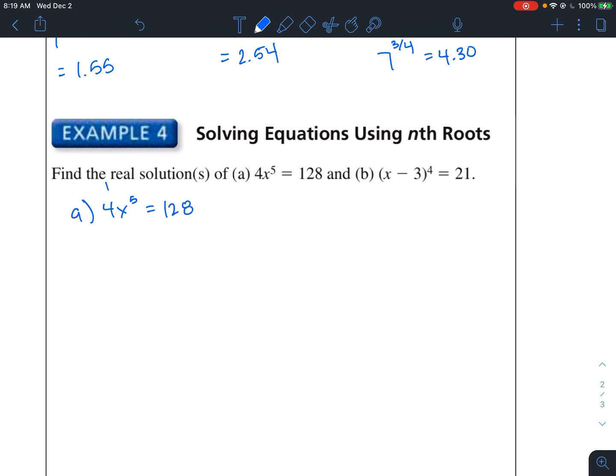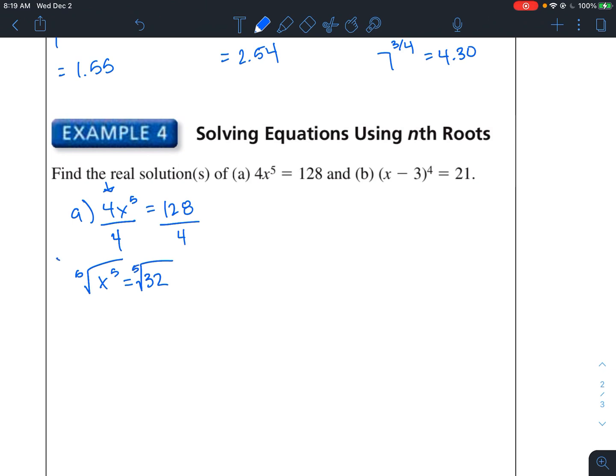If it has a number in front of it, the first thing you want to do is divide, to get rid of that coefficient next to it. So now this is x to the 5th equal to 128 divided by 4, which is equal to 32. Now to get x by itself, I can take the 5th root of x, but that means I have to take the 5th root of 32.